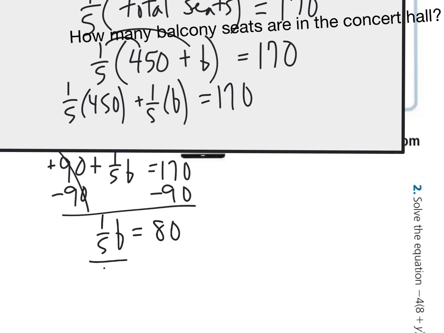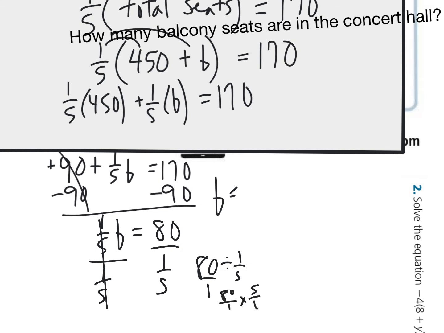And then you could say they're multiplying by 1/5, so I'm going to divide by 1/5. Keep, change, reciprocal would be like multiplying by 5, which would be 400. So 400 balcony seats.